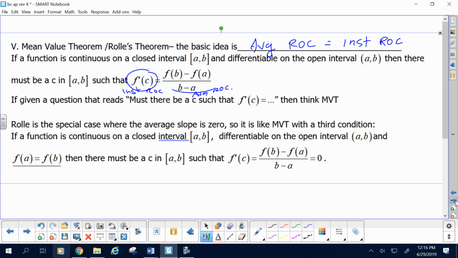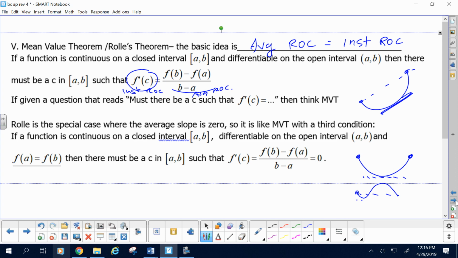Rolle's is a special case of MVT, where the endpoints are the same, and that then would mean that either there's a min or a max, or two, or both, kind of thing. So Rolle's has the same first two conditions, continuous on the closed and differentiable on the open.